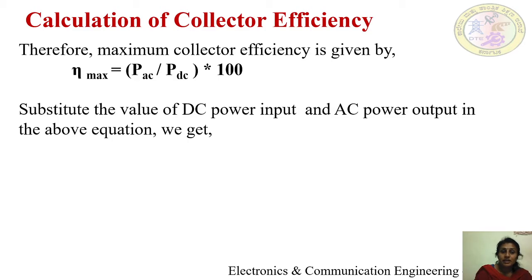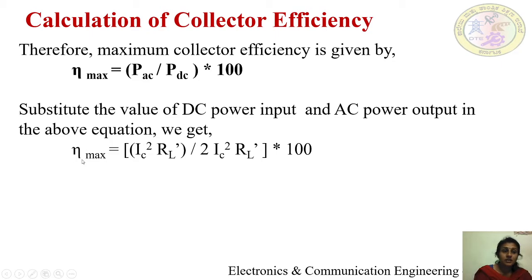Substituting the values of DC power input and AC power output, maximum efficiency is equal to half of IC square into RL dash, divided by IC square into RL dash, into 100. IC square into RL dash cancels, and the remainder is 1 by 2 into 100.